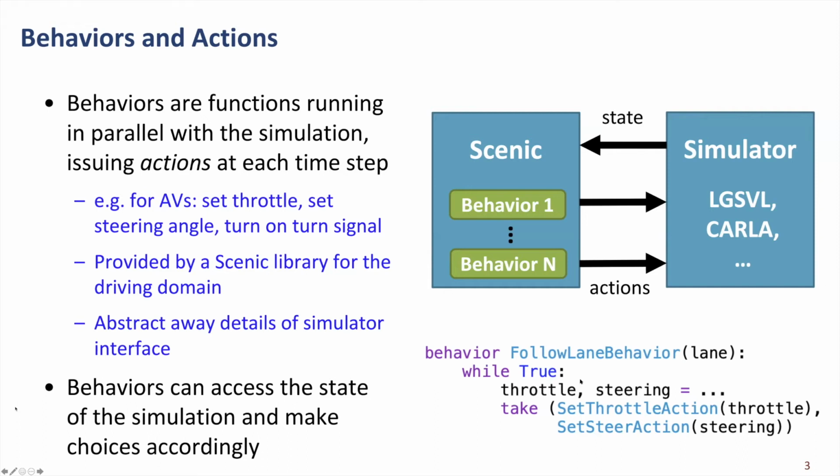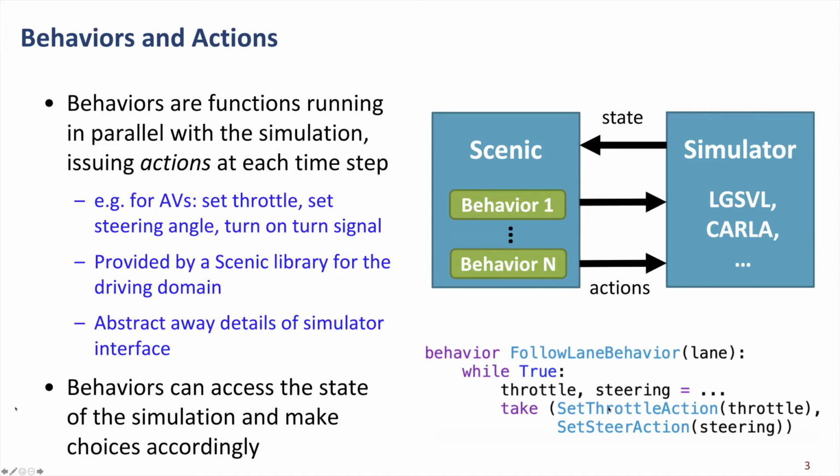It's an infinite loop where at each time step, we pick some throttle and steering by some expressions based on the current position, say, relative to the position of the lane. And then we choose our throttle and steering appropriately. And so in this function, you can access things like the position of the lane, your own position, and so forth.